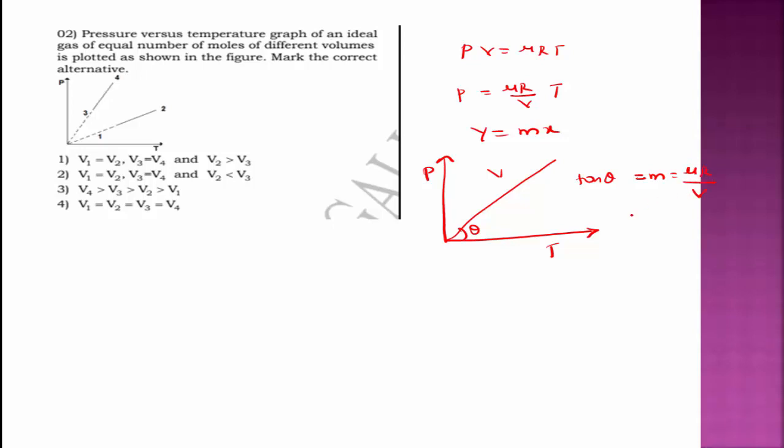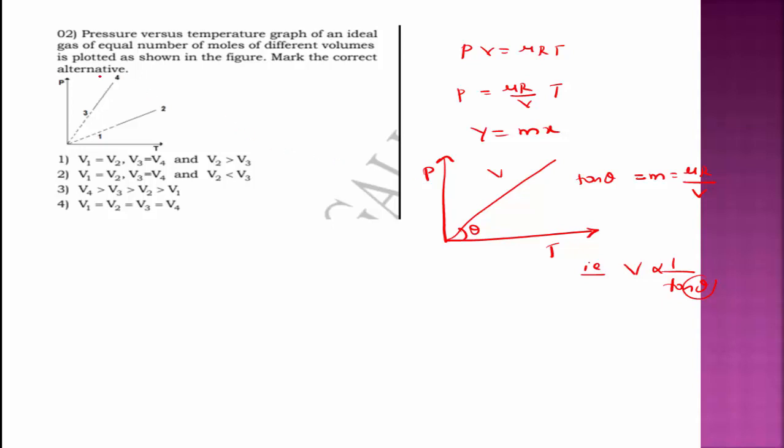From this graph we know the formula slope tan theta is equal to m is equal to mu R divided by V. That is, the volume is inversely proportional to tan theta. Here it means that the line of smaller slope represents greater volume of gas.